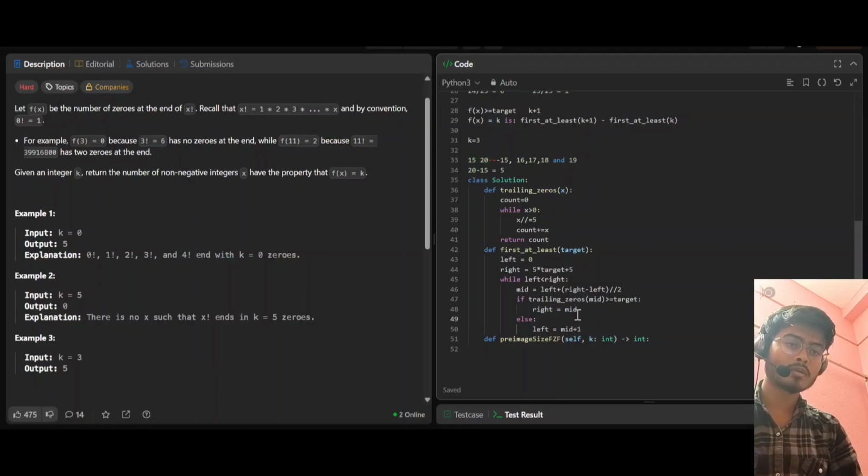Otherwise, the trailing zero count is smaller than the target. This means we need a larger value of x. So we move left to mid plus 1. When the loop ends, left is the smallest value for which the trailing zero count is at least the target. So we return left.